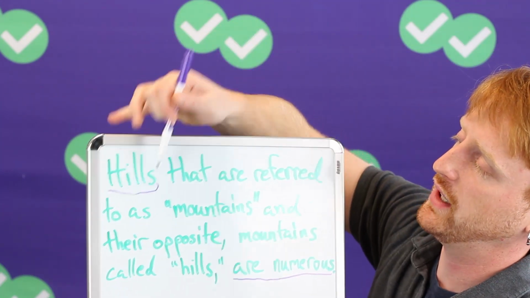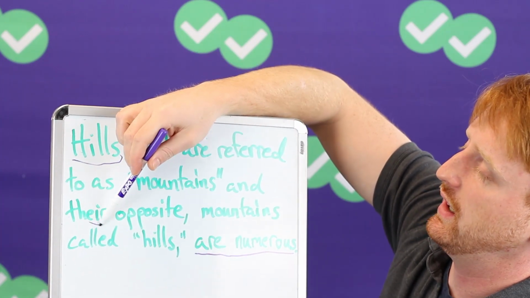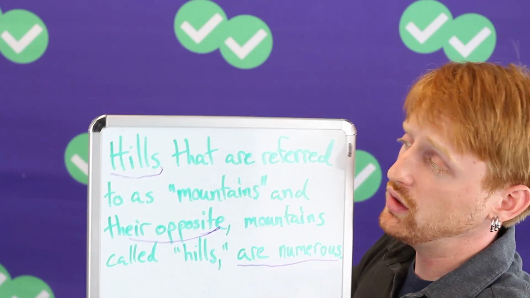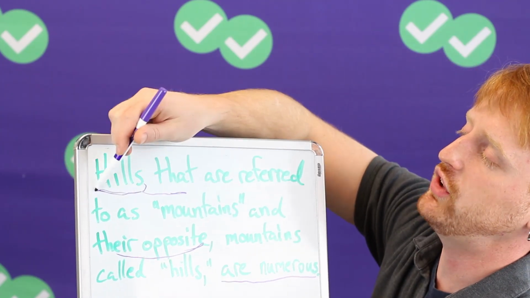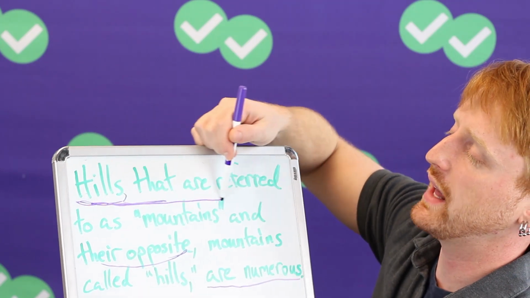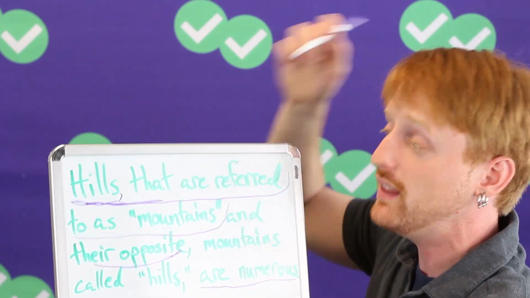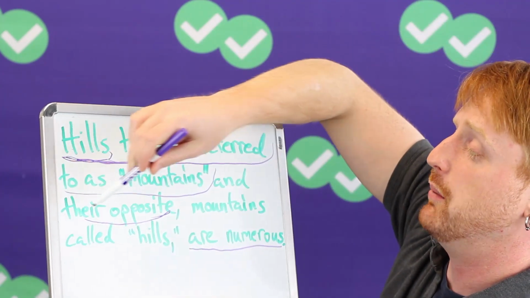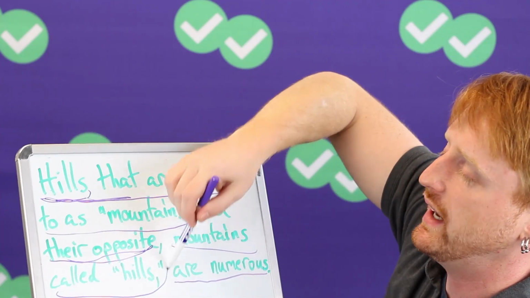Hills is part of it, and their opposite is another. I really want to add all of this information because this qualifies hills. Which hills? Hills that are referred to as mountains. I don't mean all hills, I mean these specific hills. Similarly, I'm talking about their opposite, that is mountains which are called hills.